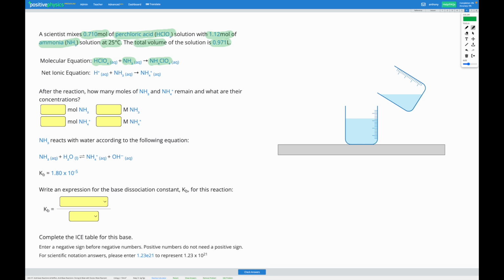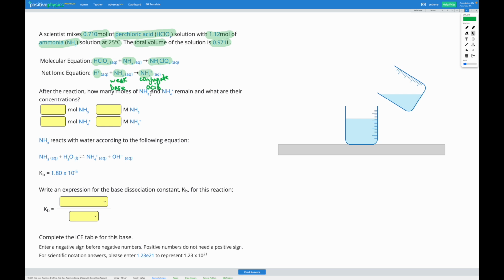However, in our net ionic equation, we don't see the ClO4 minus ion because that appears in both the reactants and the products. It's a spectator ion, so it's been ignored. We just see the H plus reacting with the NH3 to form NH4 plus. So this is our weak base, and NH4 plus is the conjugate acid that's formed.